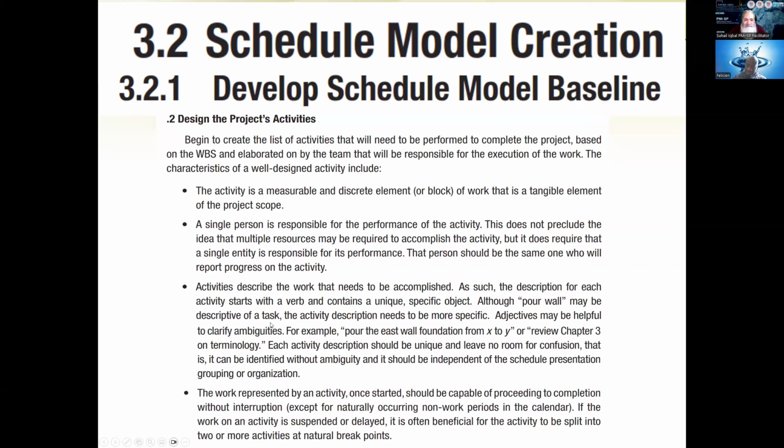Maybe descriptive of a task, the activity description needs to be more specific. As far as the description is concerned, adjectives may be helpful to clarify ambiguity. When you're using only 2 words, there might be a little bit of ambiguity. So to clarify that, you can say, pour the east wall foundation from point X to point Y. Or it could say, review chapter 3 on terminology.